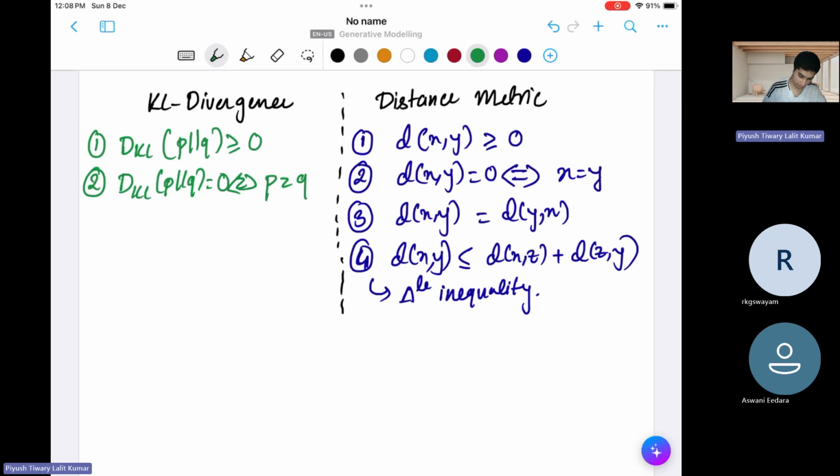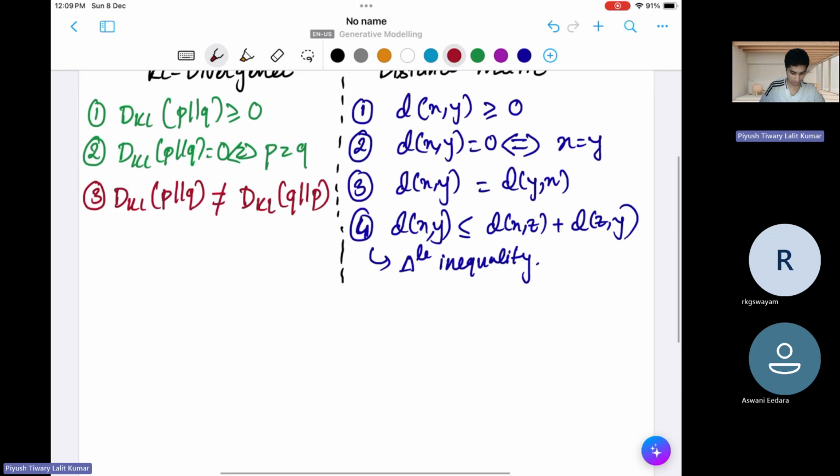Now, what are the properties that we didn't see, which are basically not true? The symmetric property, which holds for a distance metric, is not true for KL divergence in general. You can just write those things down, because the ratios p of x by q of x will change to q of x by p of x, and the log function does change with the order.